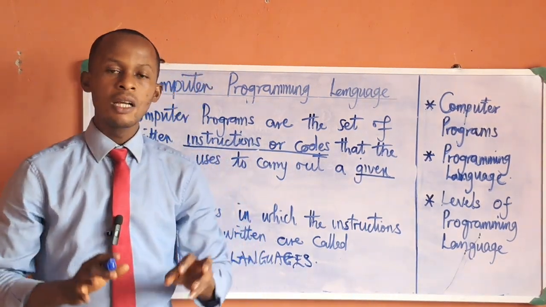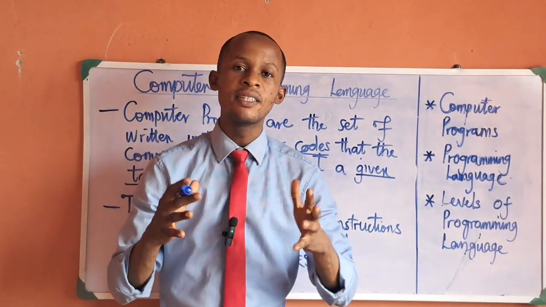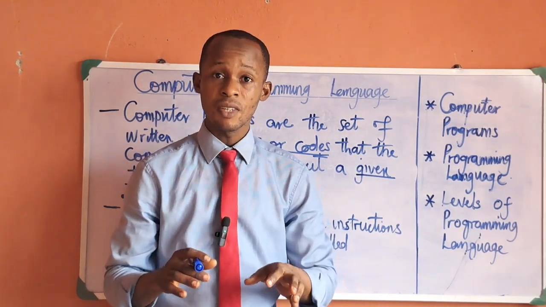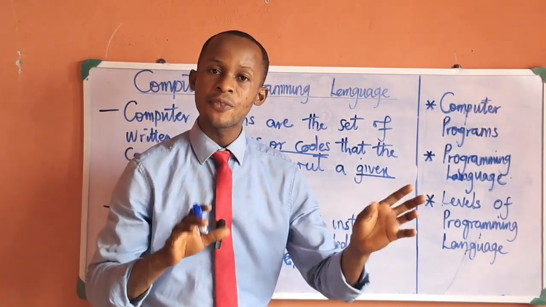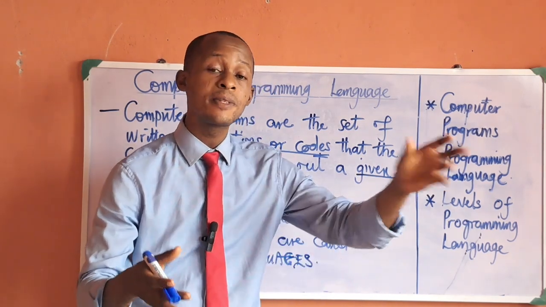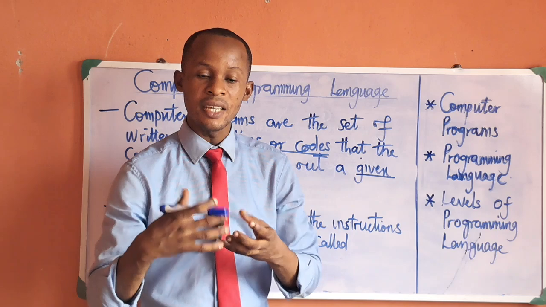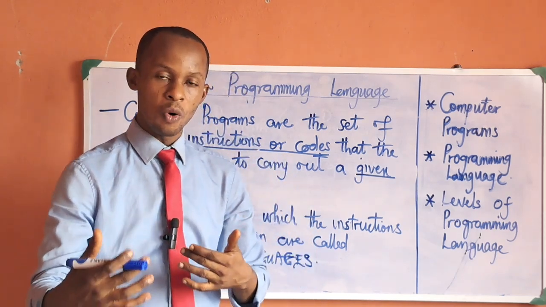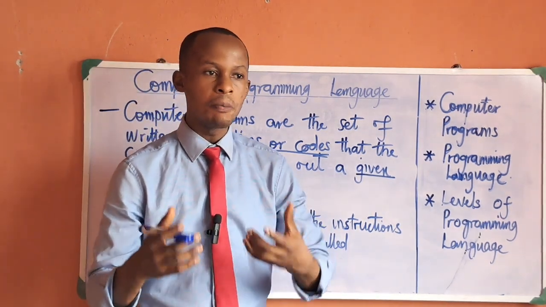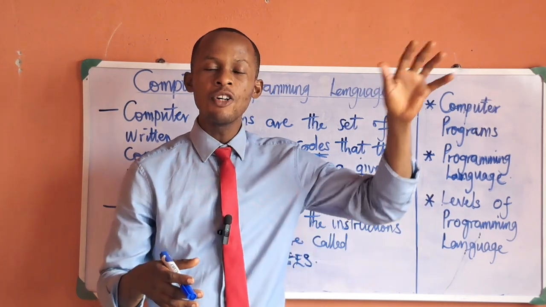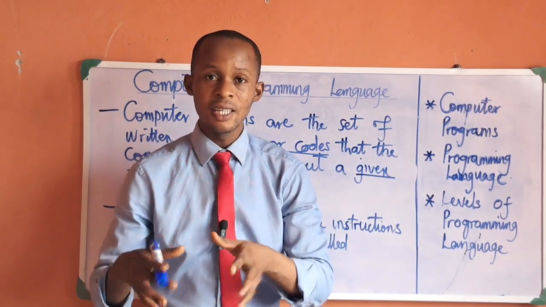Now listen, a computer is an electronic device, and it accepts data for processing. After the computer processes the accepted data, it brings out this processed data in the form of information. How does the computer process data?